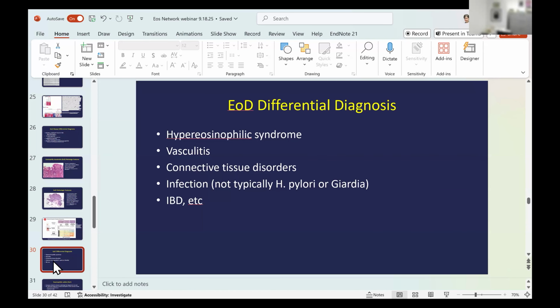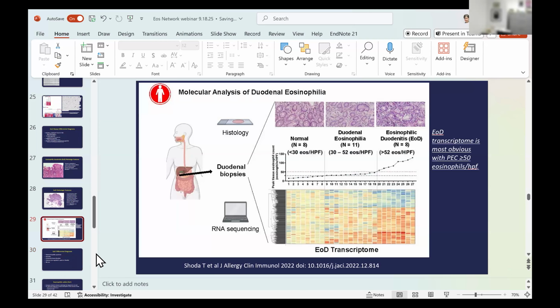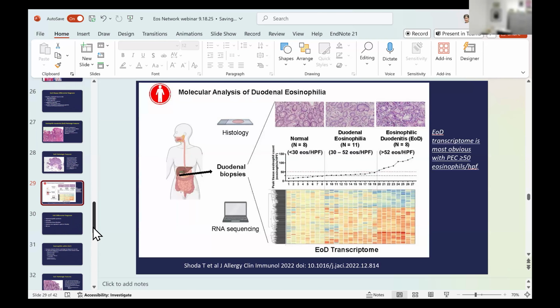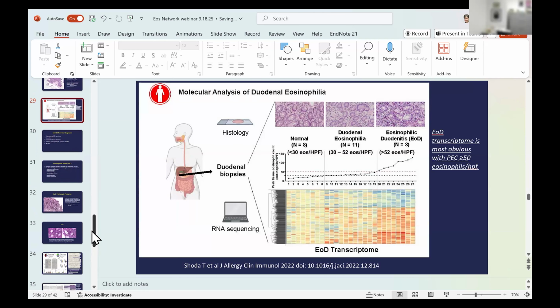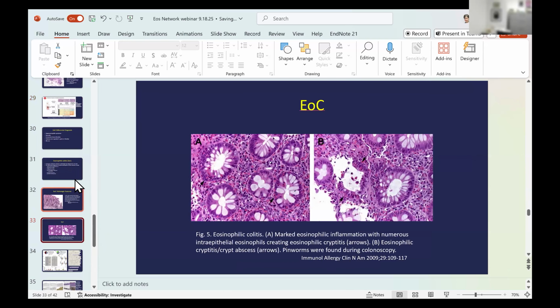Giardia is another bug that can be associated with some eosinophil infiltration in the duodenum, and inflammatory bowel disease as well can be associated with eosinophil infiltrates in the upper GI tract.